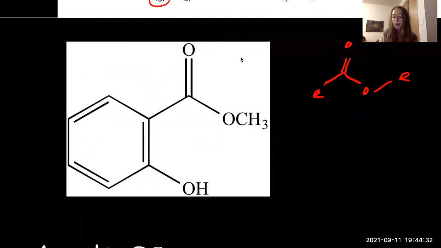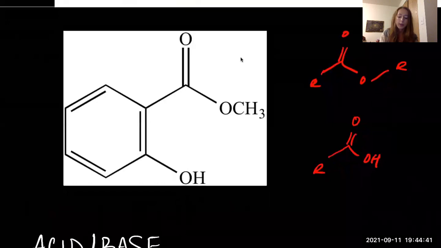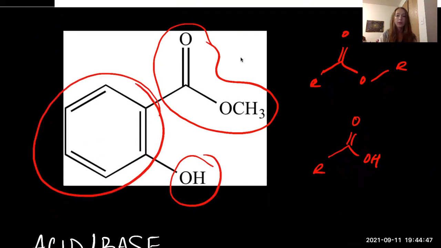That contrasts to a carboxylic acid, which just cuts off right here with the hydrogen. Okay. All right, so we have that ester, and then we also have an alcohol and a benzene right over here.